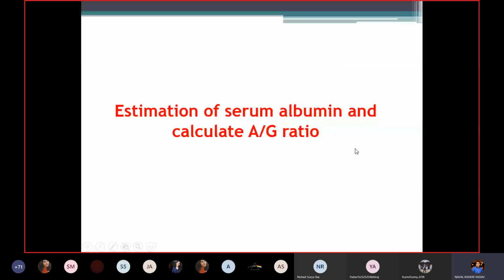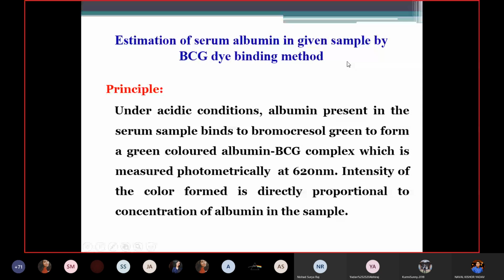Another is the estimation of serum albumin, and also you have to calculate the A/G ratio. So in this you have to mention the heading, that is estimation of serum albumin by dye binding method. Principle: you have to write that albumin present in the serum sample binds to the dye, and the albumin-dye complex is measured at 620 nanometers. The color is directly proportional to the albumin.